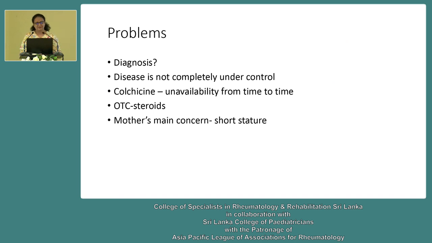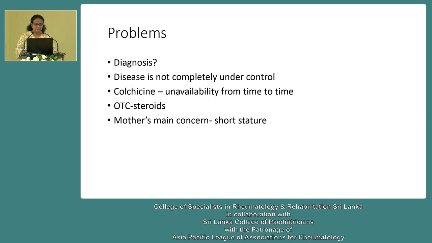What exactly the diagnosis is, and whatever the diagnosis is, still under control, and colchicine being unavailable, and genetic testing is unavailable, and time to time colchicine, and the parent giving the child over-the-counter steroids.